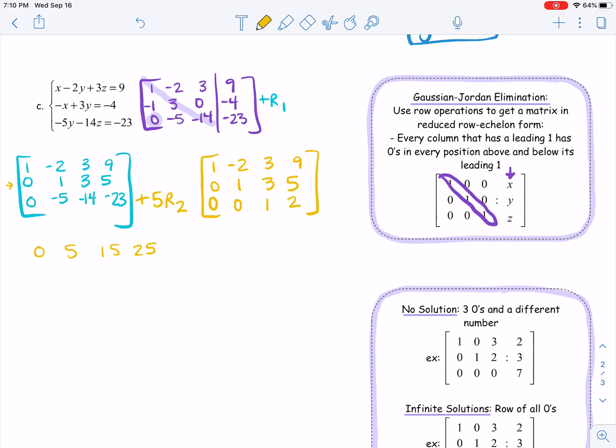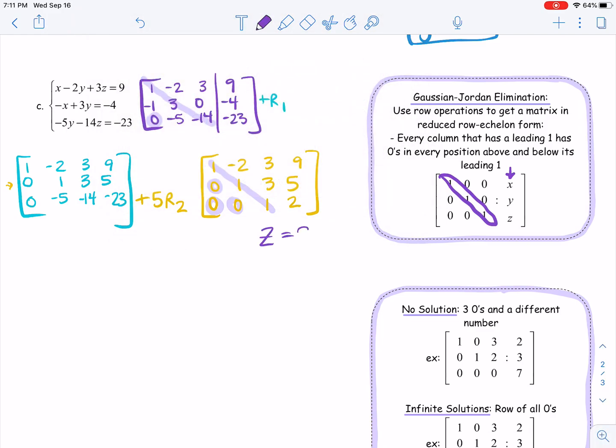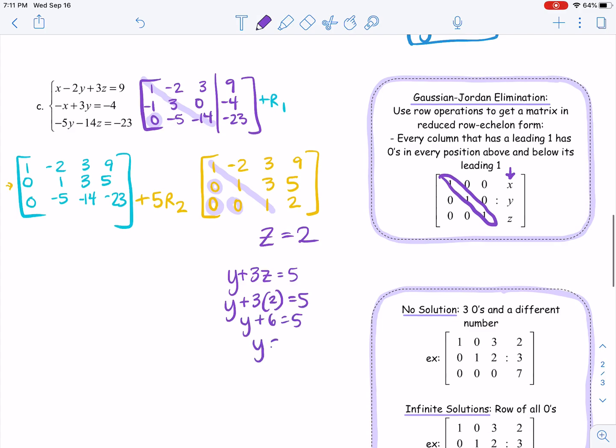I'm done. I have 1s along my diagonal and 0s underneath. Hallelujah, praise the Lord. So what does that mean? Well, that means that Z equals 2. Going up to the second row, that's representing Y plus 3Z equals 5, but Z is 2. So I substitute. Y plus 6 equals 5, so Y is -1.